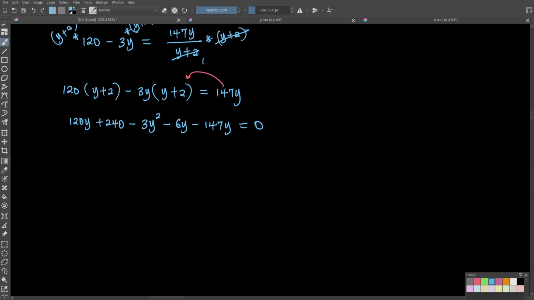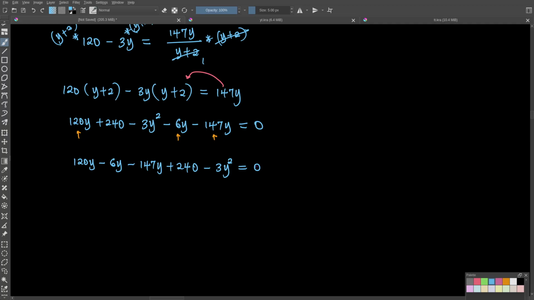Now let's collect the like terms together. Here we have 120Y, minus 6Y, then minus 147Y, then plus the 240, and finally minus 3Y squared, and this is all equal to 0.